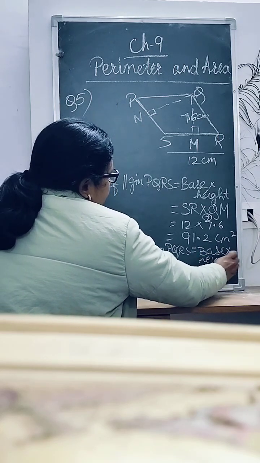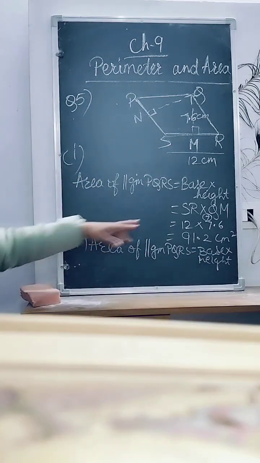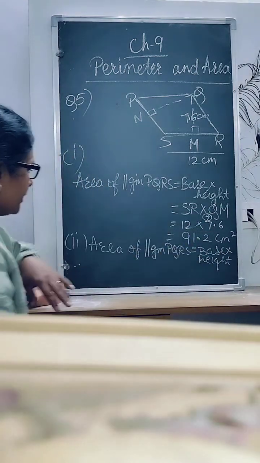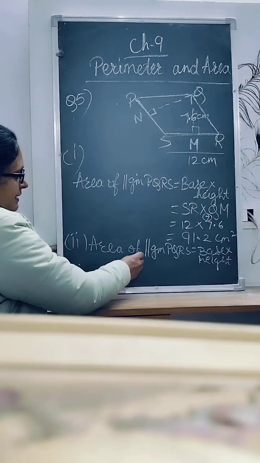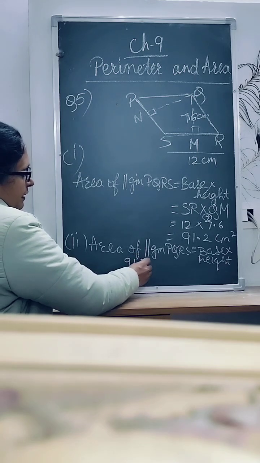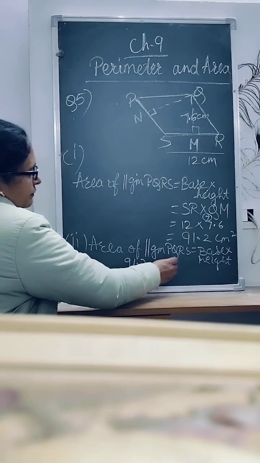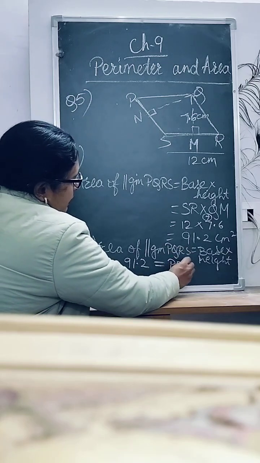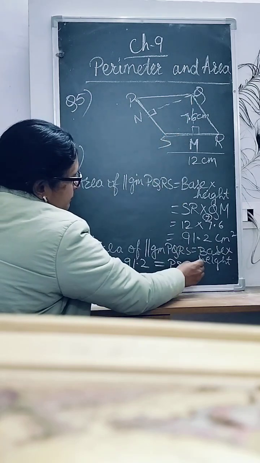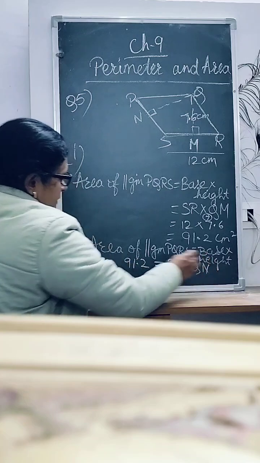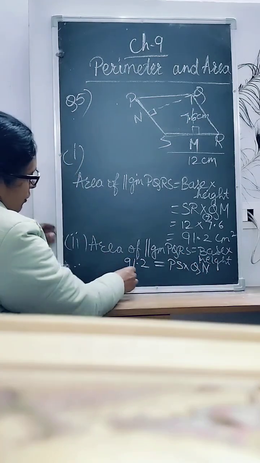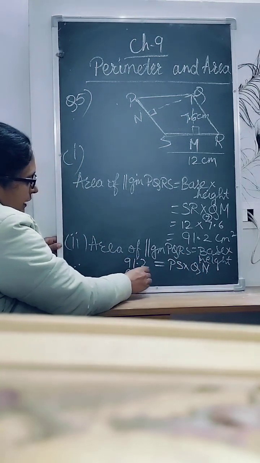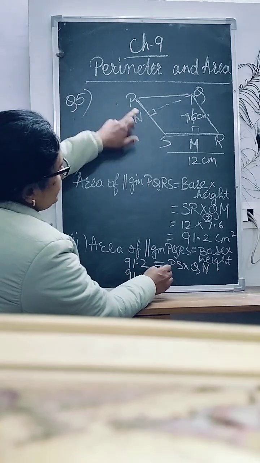So in the first part, as we know the area now, what is the area? 91.2. Now we will use its area. 91.2 is equal to, what is base? Base is PS. And what is height? Height is QN. So now we know 91.2, again I have written what is PS.